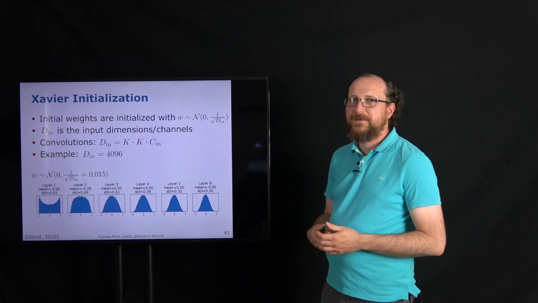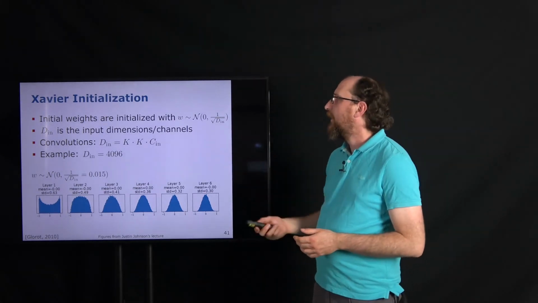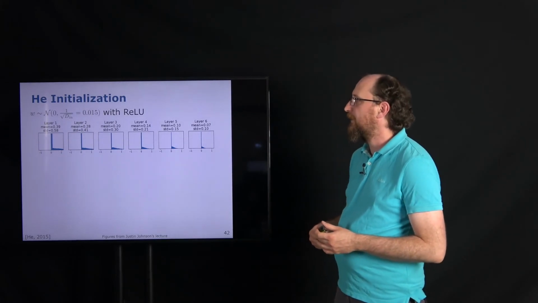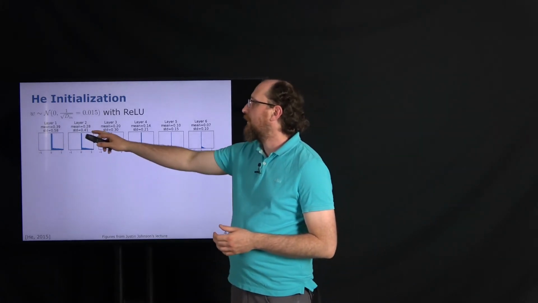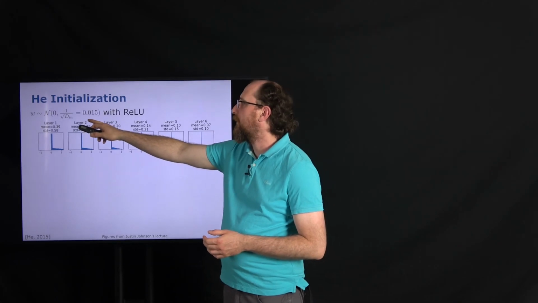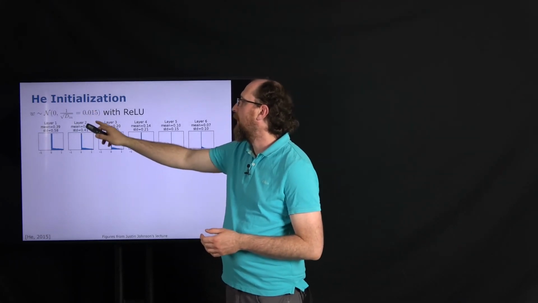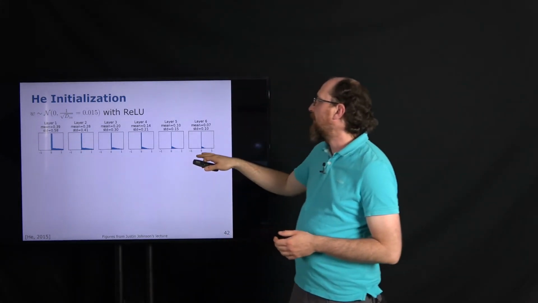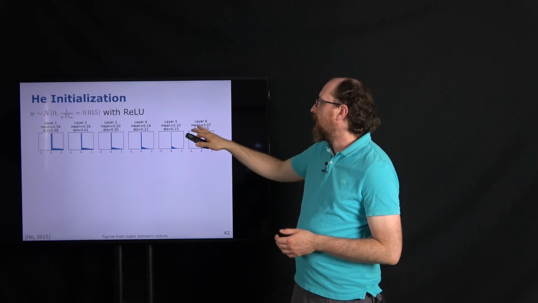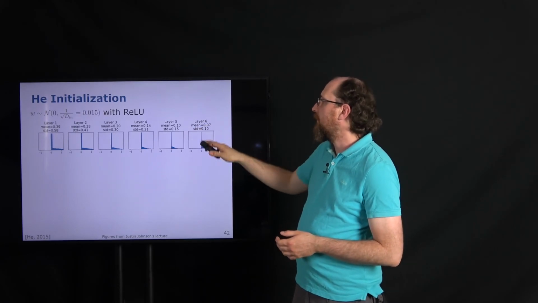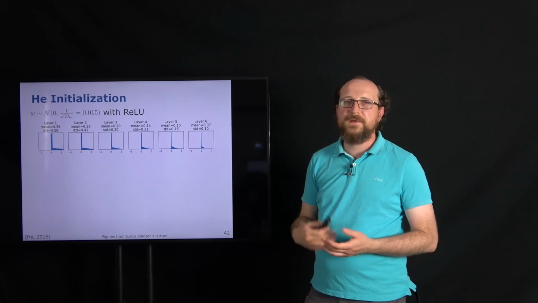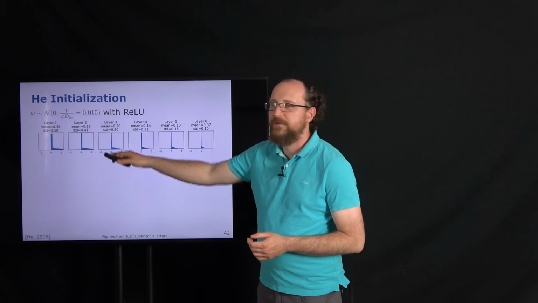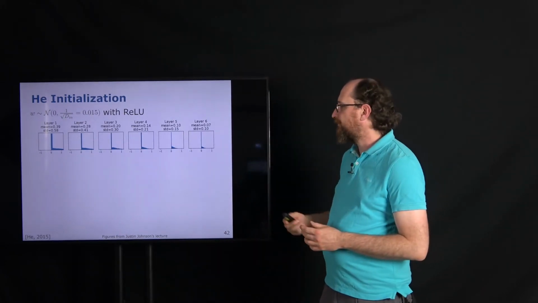When we are not having TanH activations, it turns out that this is not an optimal choice. When we initialize the network with the variance of 0.015, we can see that in later layers we get a mean of the activations around 0, and as you remember, 0 means that the gradient is also 0 in the end, and therefore we will have a hard time getting out of there.